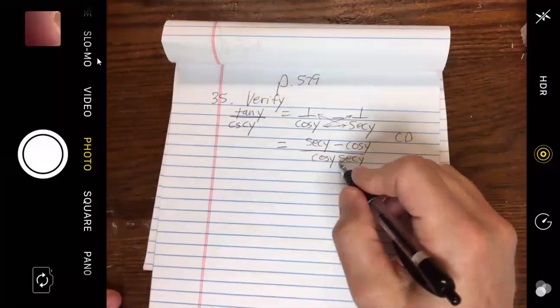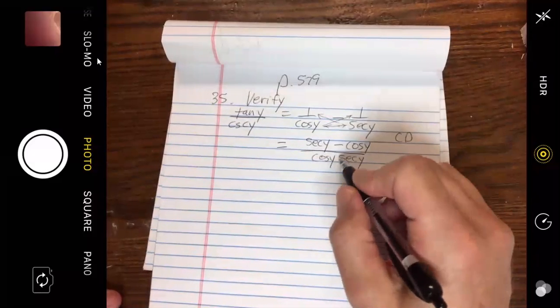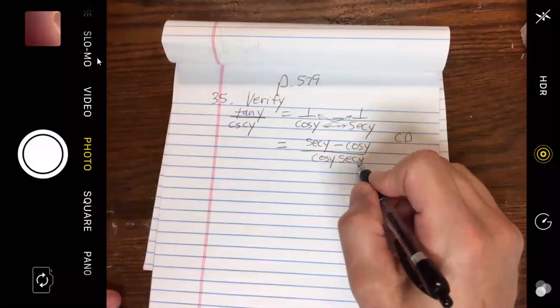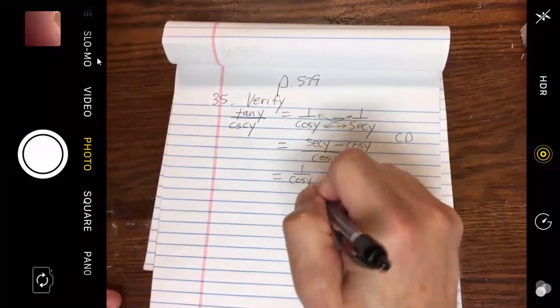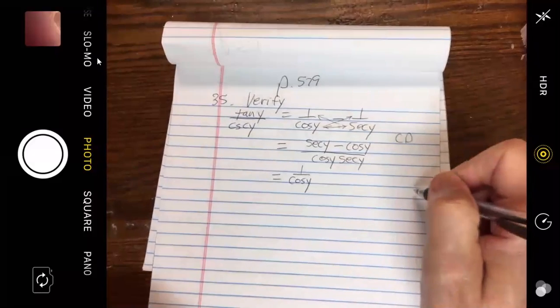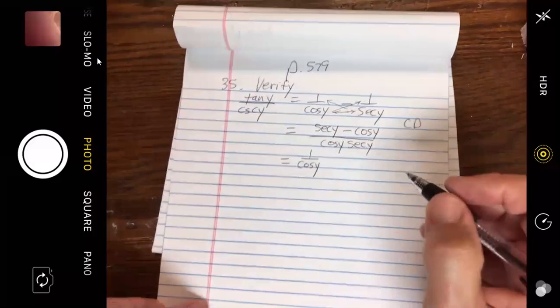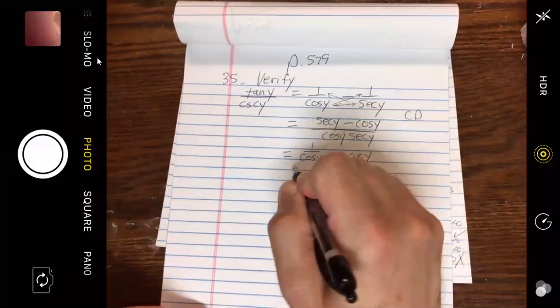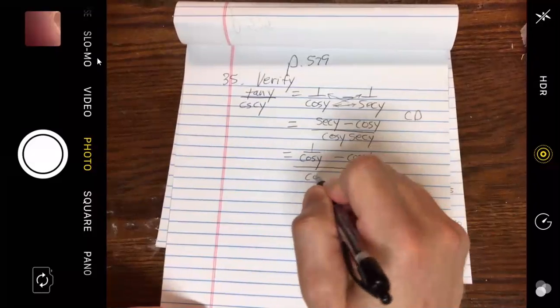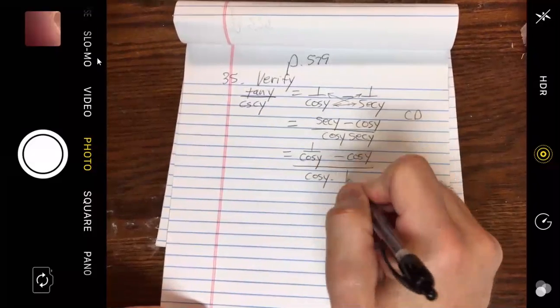Now, if I look at this, cosine can't be broken down, but the secant is 1 over cosine. So I have a 1 over cosine y there. Notice I don't write it down separately; I'm trying to speed this up. Minus cosine y. And on the bottom, cosine y, and 1 over cosine y for that.